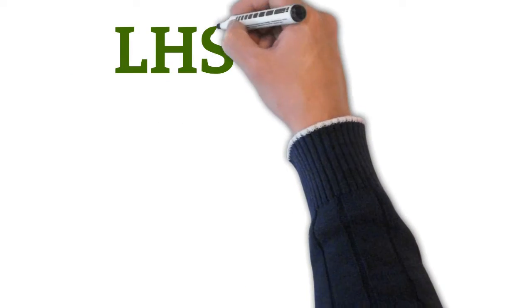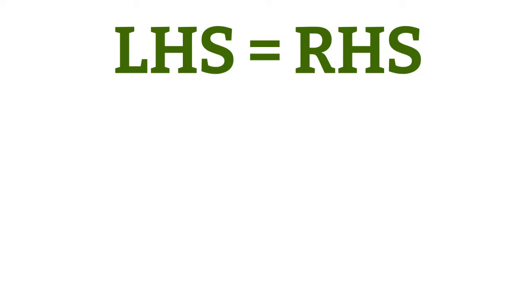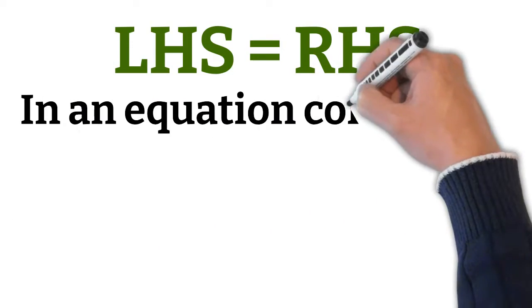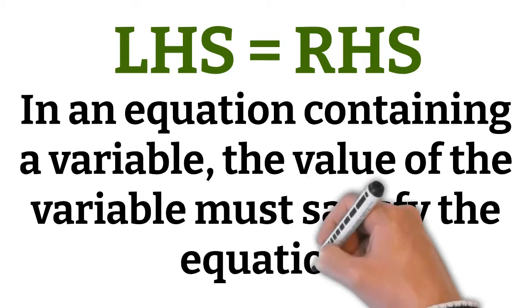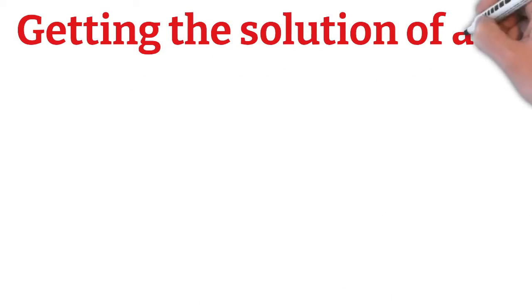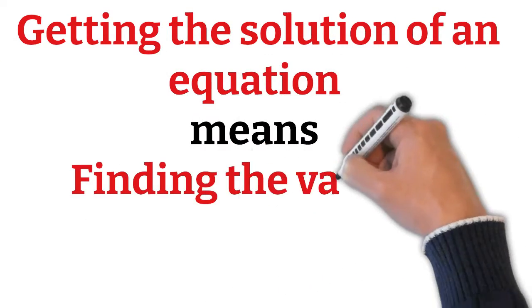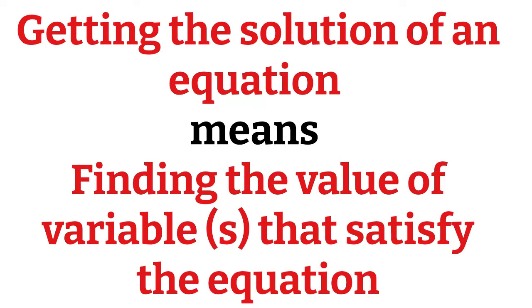Now, as the value of the left hand side of an equation is equal to the value of the right hand side of it, we can say in an equation containing a variable, the value of the variable must satisfy the equation. Thus, getting the solution of an equation means finding the value of variables that satisfy the equation.